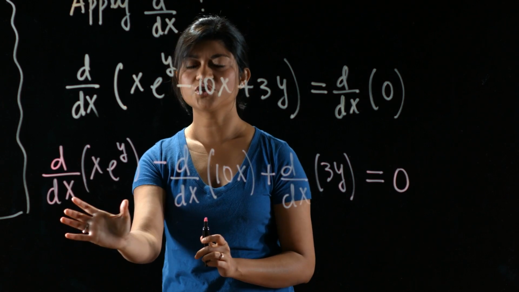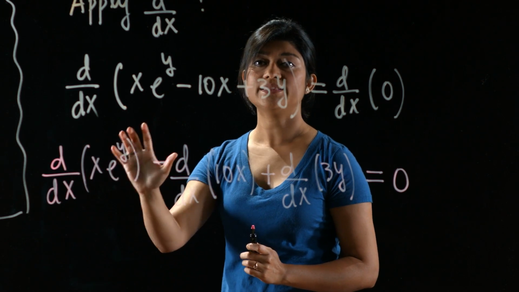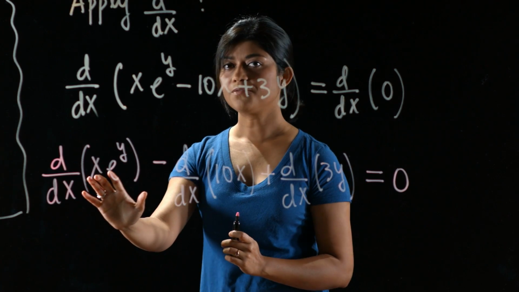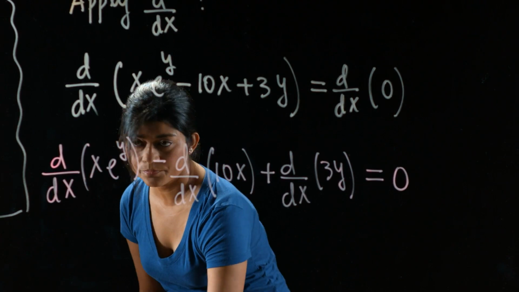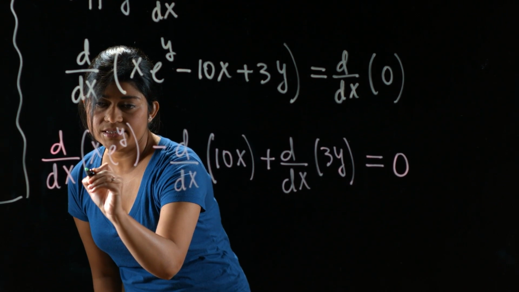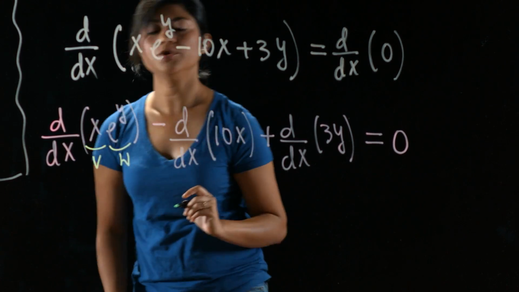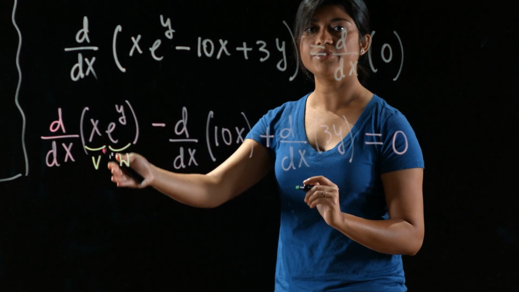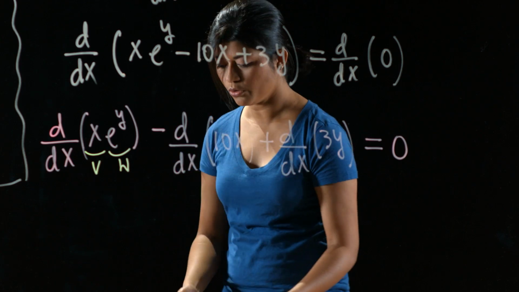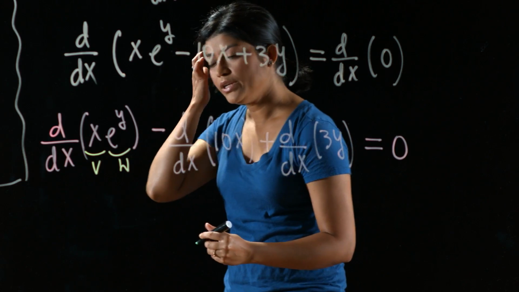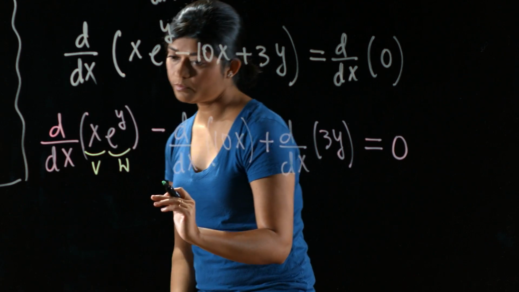Let's start with the first one. Notice that this is x times e to the y. That's the function, and therefore it's a product of 2 different functions. So let's say this x is the function v and e to the y is the function w. To take the derivative of a product of 2 functions, we have to use the product rule. Let me remind you how to use it.